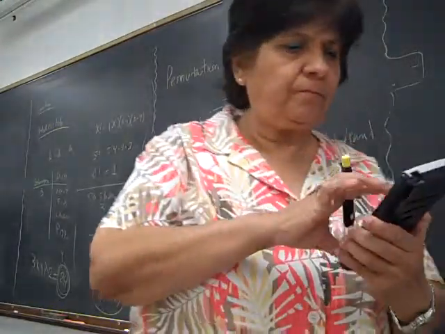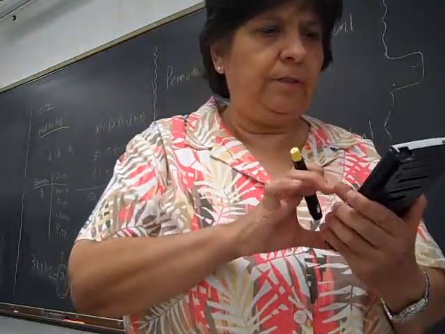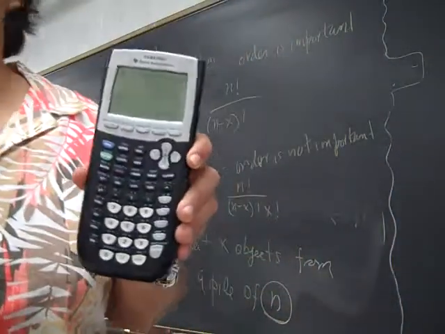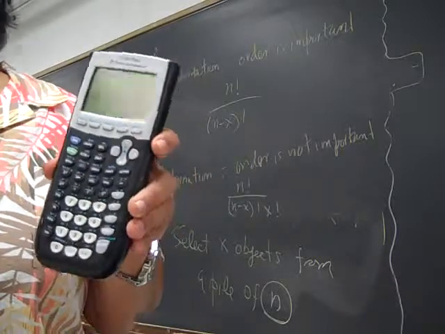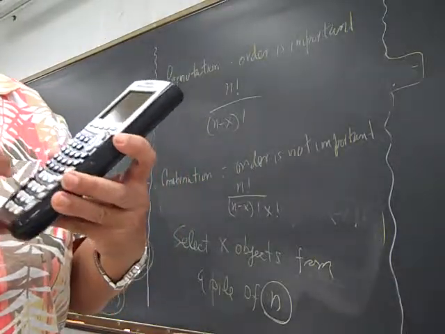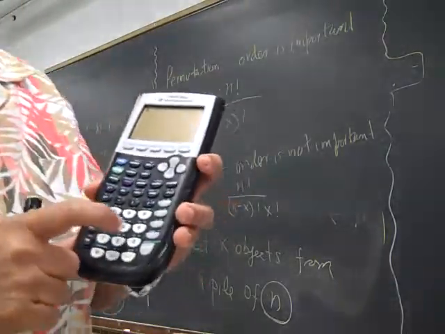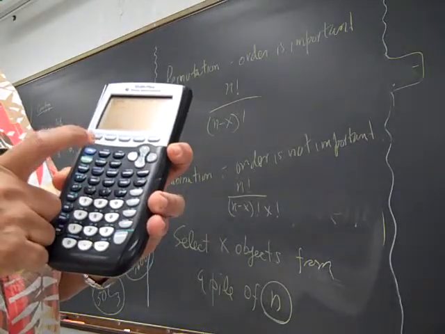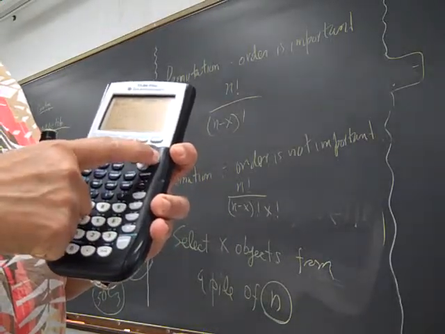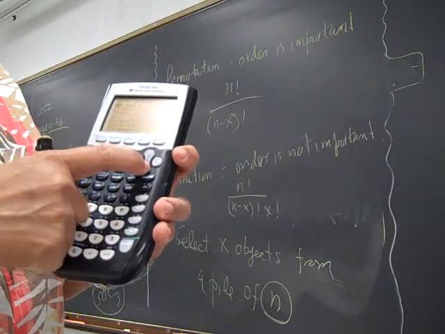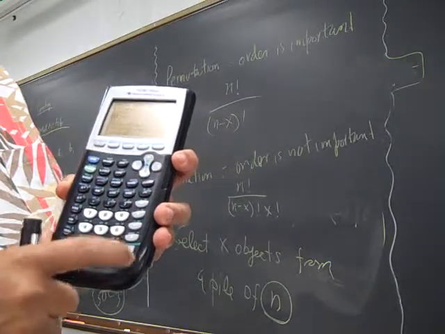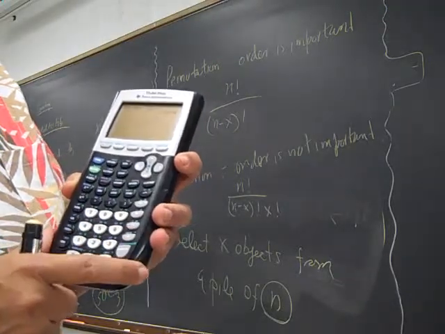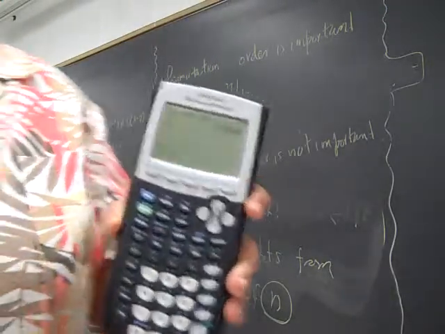So let me say over here, if I go to the camera, guys, this video is on YouTube anyways. Go to 50, then math, go to probability, then go down to combination, hit enter, then hit 3, enter, and you're going to see the 19,600.